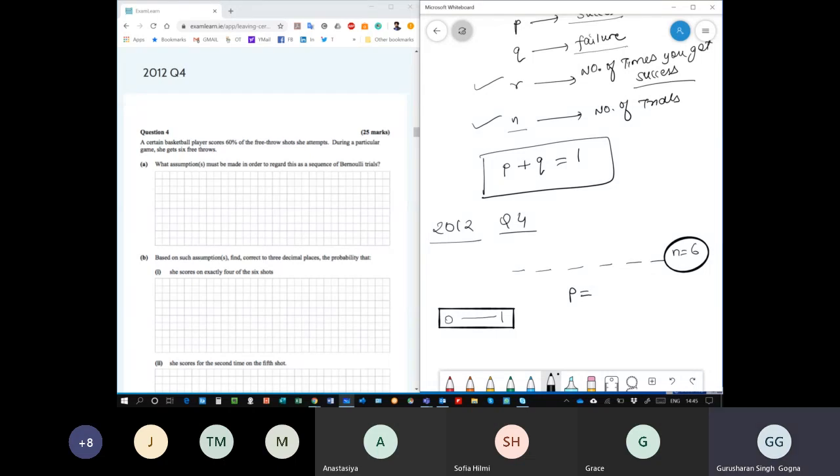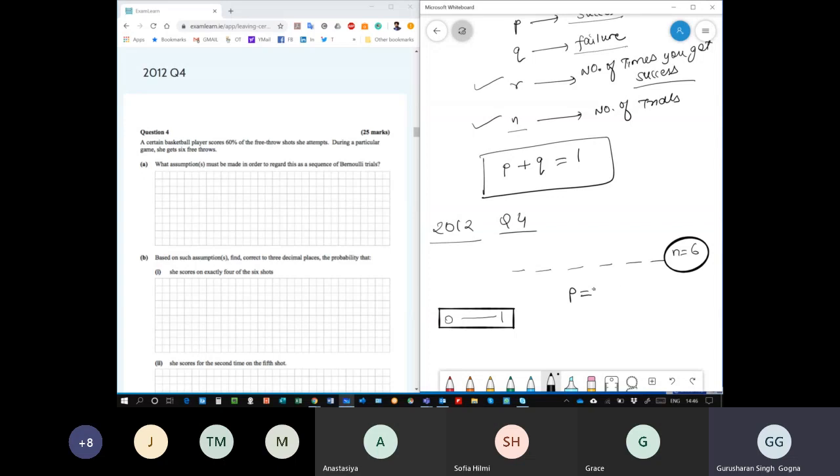Oh, 0.6. Yes. Was it a typo, Holly? Okay, so you thought about 3.6 earlier. Okay, 0.6. How did we get 0.6? Because they said a player scores 60% of the free throws. Scores means it's success, isn't it?